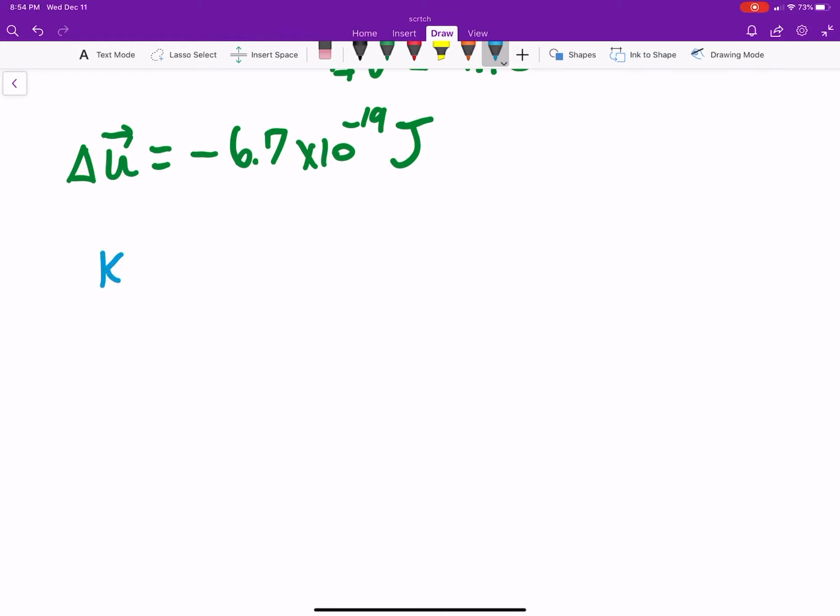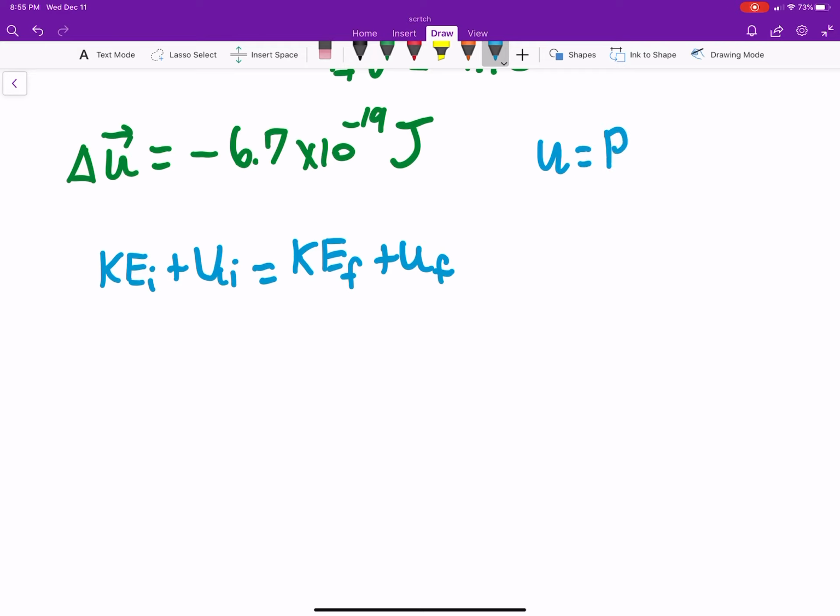So kinetic energy initial plus potential energy initial equals kinetic energy final plus potential energy final. In this case, they're using U. U is potential energy, which is pretty standard. Sometimes I'll do PE, but I'm going to be consistent with the notation and just call it U. If you work through any problem in the textbook, they're going to use U. Kind of a weird letter for potential, but, whatever.